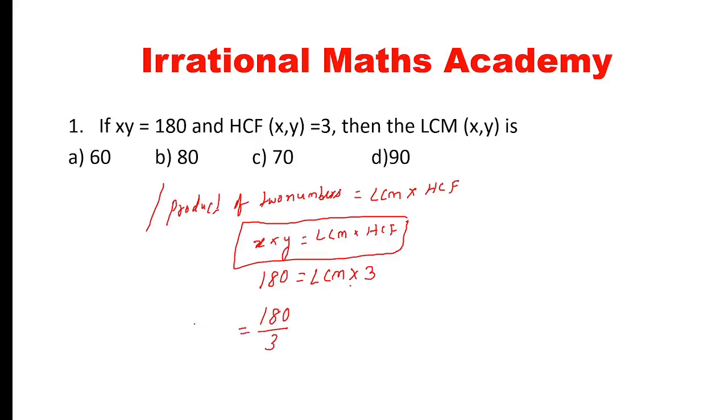So LCM, I'll write it in the left side. 180 by 3 is 60. So LCM value is 60. This is the answer. So what you need to remember? You need to remember this formula, that is product of two numbers equal to product of LCM and HCF.